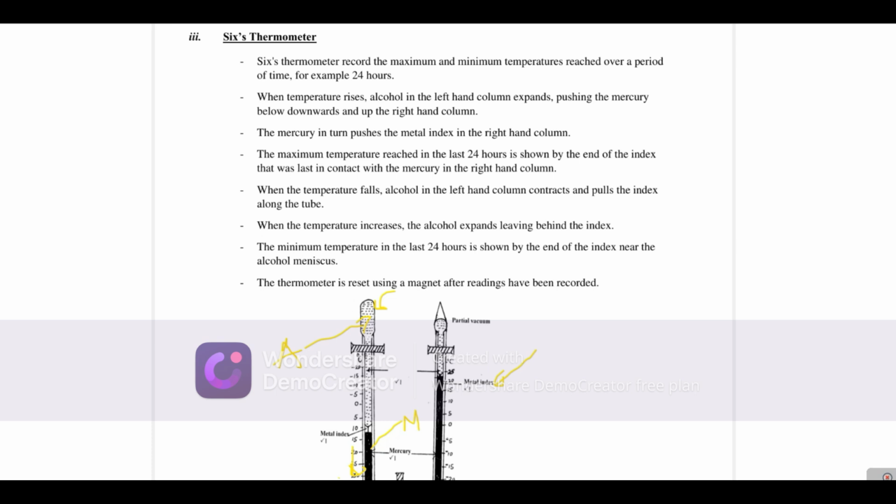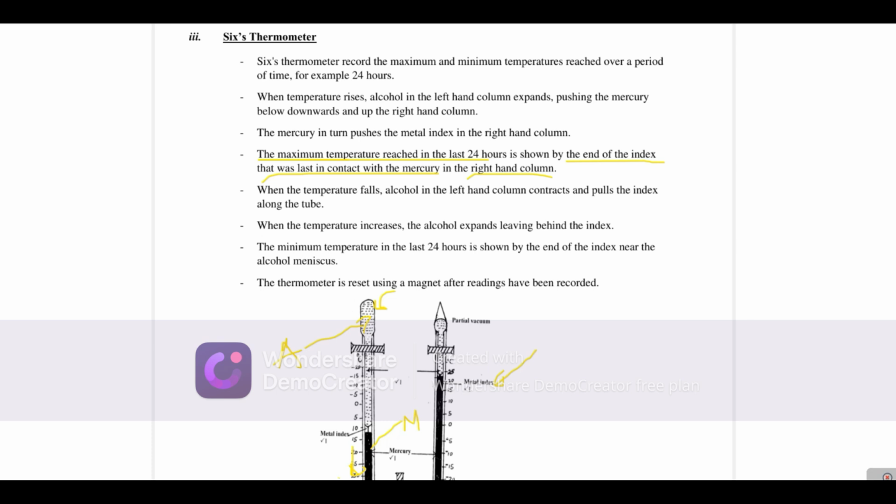So the maximum temperature will be shown at the end of the metal index in the right hand column. Now, when the temperature falls, what will happen to the reading?